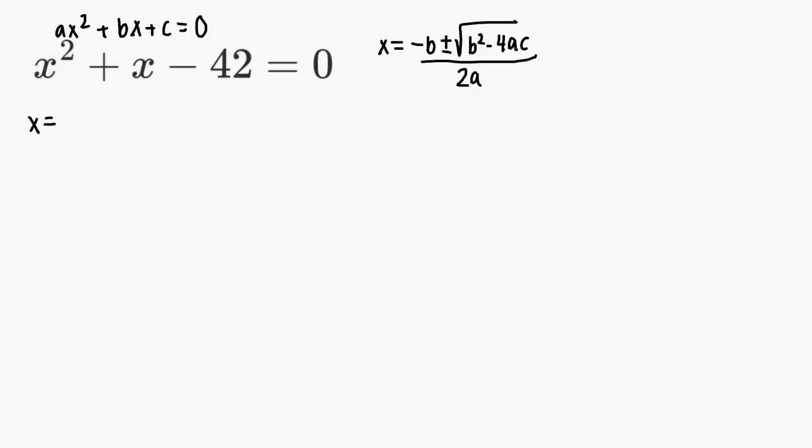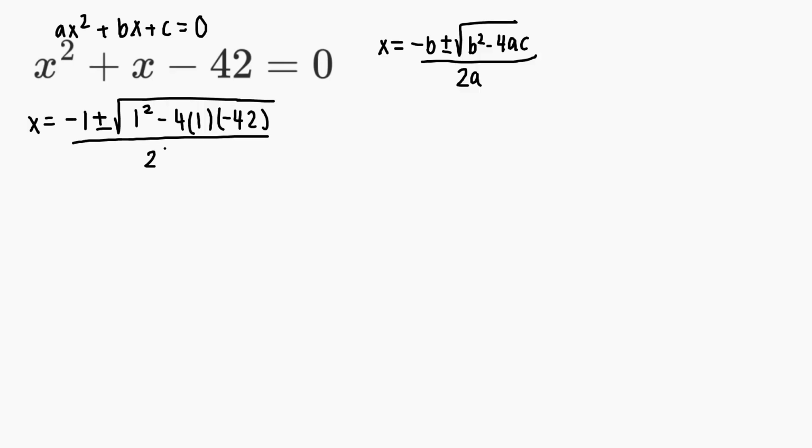So x equals -1 plus or minus the square root of 1 squared minus 4 times 1 times -42 over 2 times 1. This gives us -1 plus or minus the square root of 1 plus 4 times 42, which is 168.